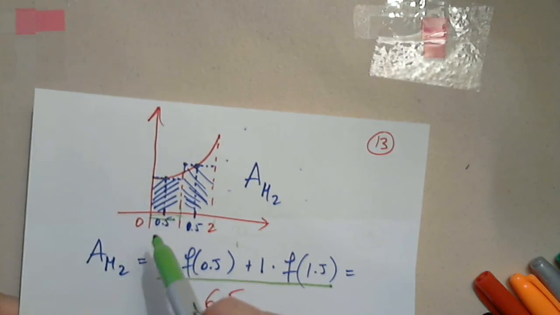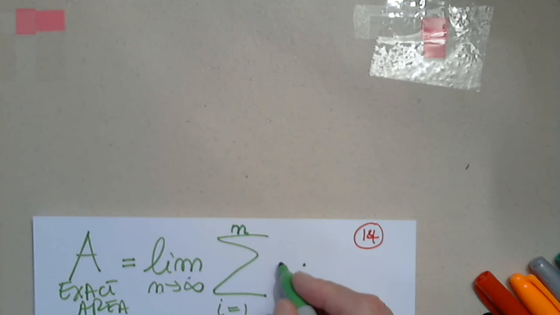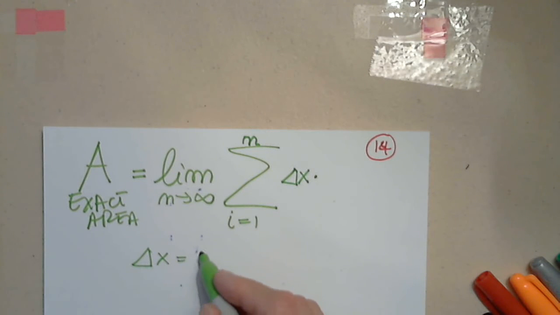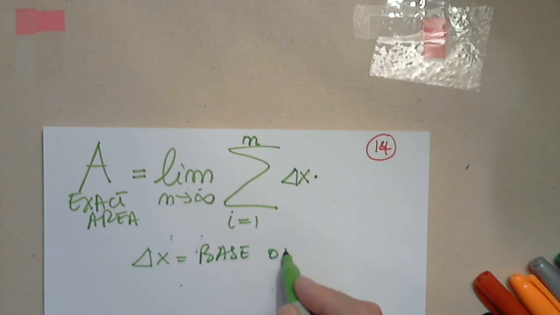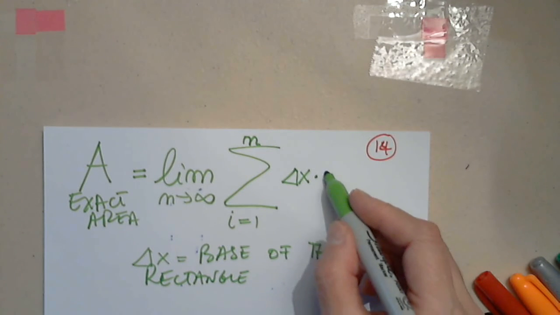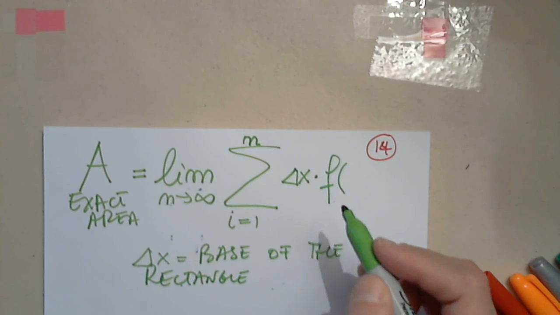Let's see how we write the base. The notation for the base is delta x. So delta x is the base of the rectangle in our situation. And then we are multiplying by a value of the function, right?